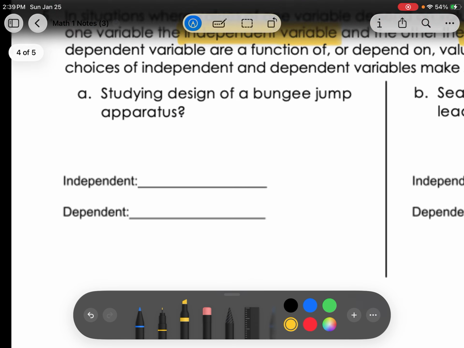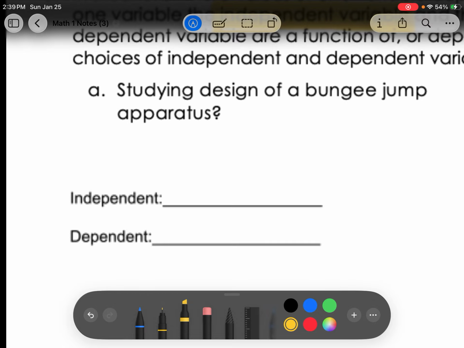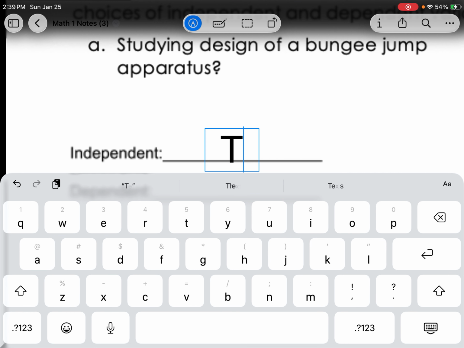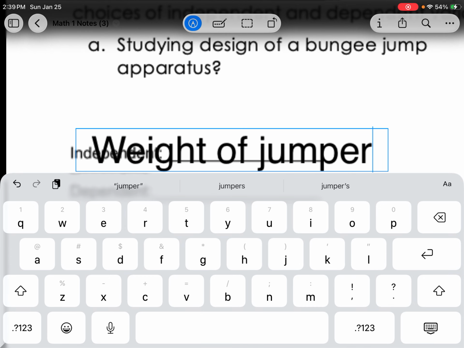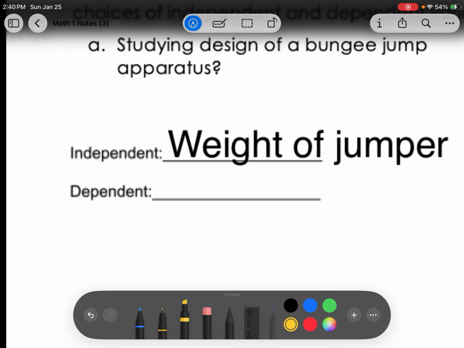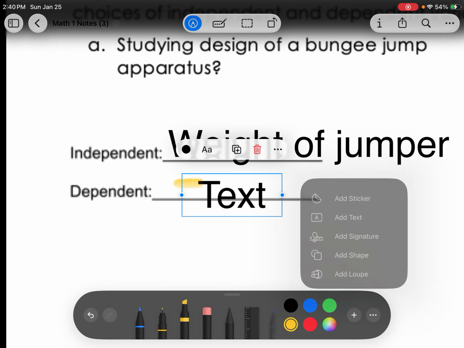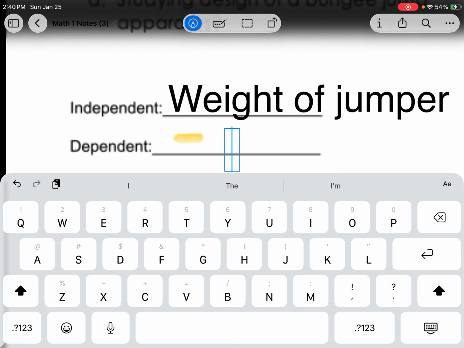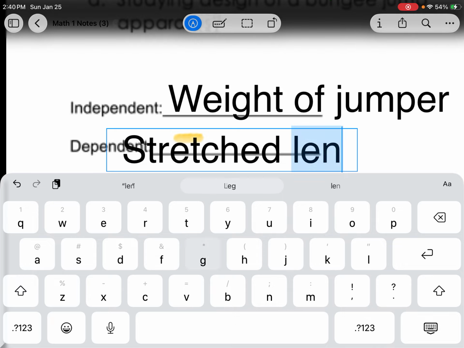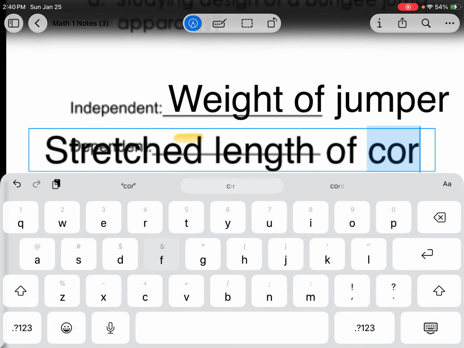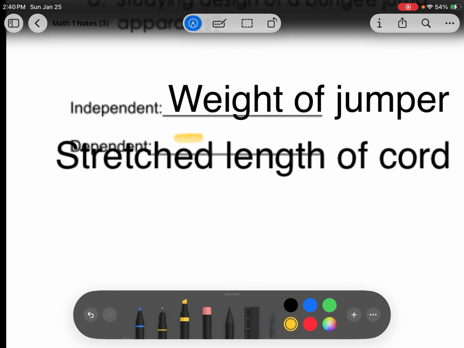If we think about our first situation, the study of our bungee jumping, where we're just talking about the weight and the length, the independent variable is the weight of our jumper, and our dependent is going to be the stretched length of cord.